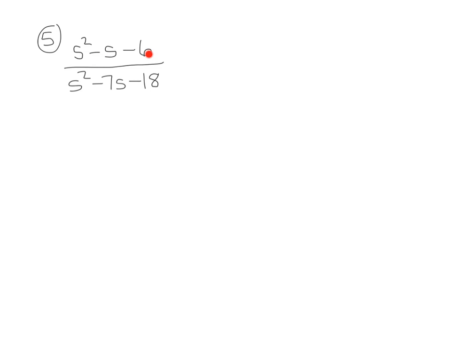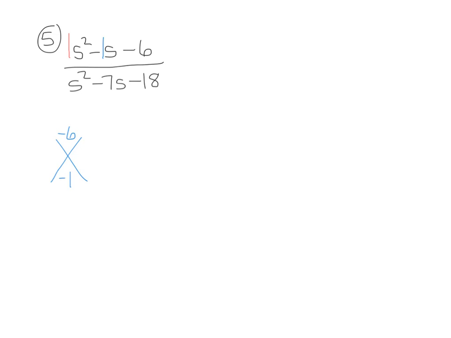Alright, is there a GCF? No, they don't all three have s. Is this a difference of perfect squares? No, this is a trinomial. And it's an easy trinomial because it has a leading coefficient of 1. So in an easy trinomial, I'll do it down here, just use the X trick. What multiplies to negative 6 and adds up to negative 1?